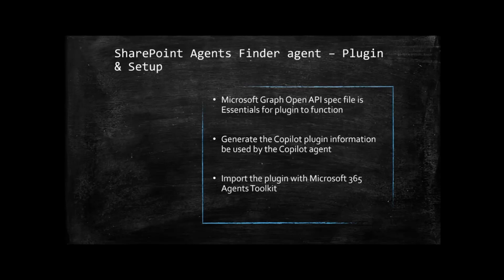We should keep in mind that the Microsoft Graph OpenAPI specification file is essential for our plugin to function. For our specific use case, we are going to use the Microsoft Graph search query endpoint. This is the only relevant endpoint that we are going to use.